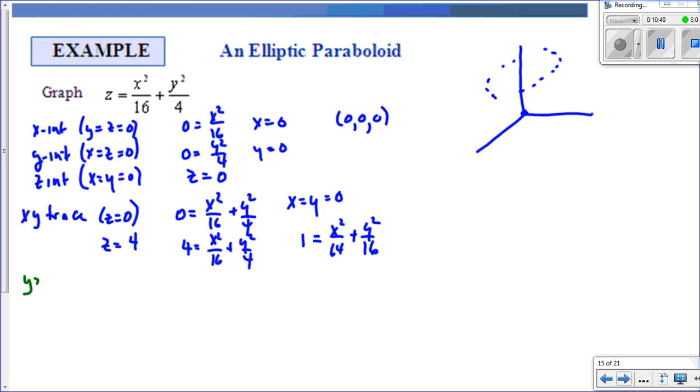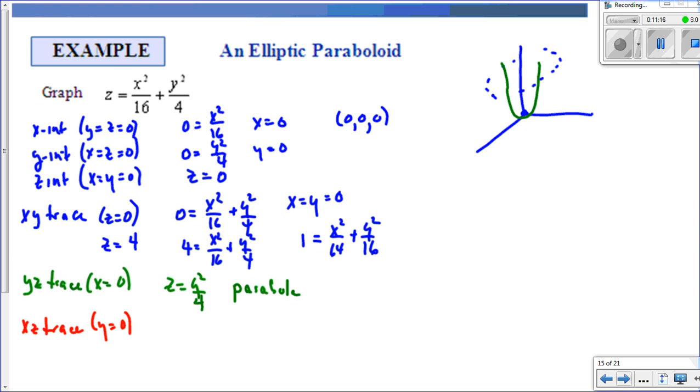So the yz trace, that's where x is 0, you would have z equal to y squared over 4, which is just a parabola. So parallel to the yz plane, you get a parabola. Now the xz trace.